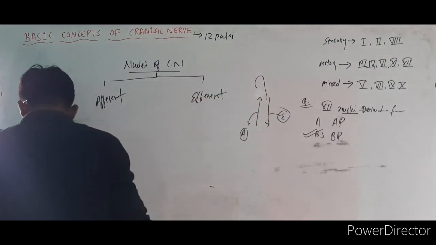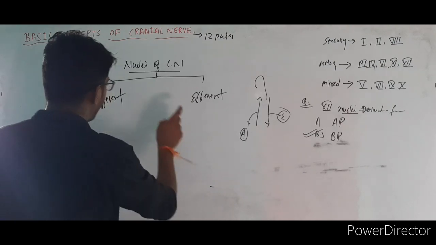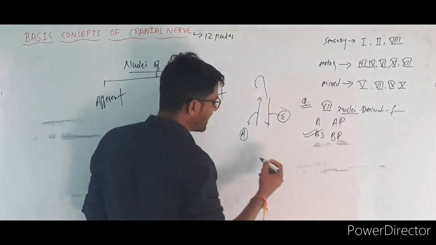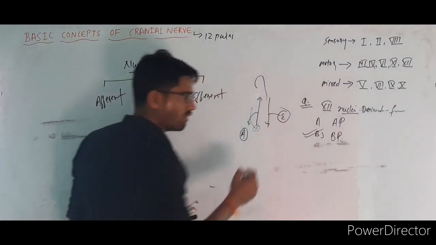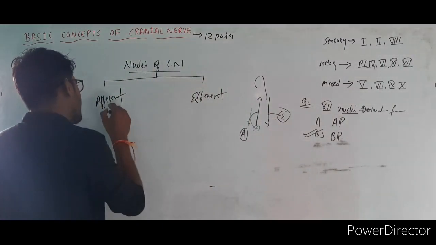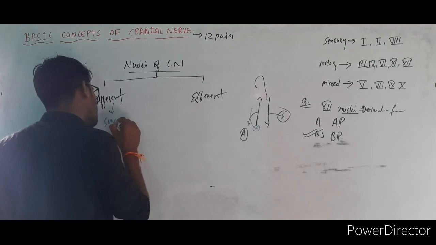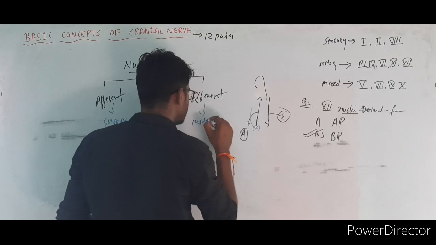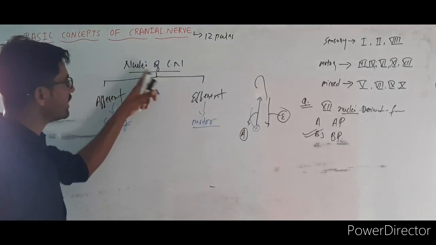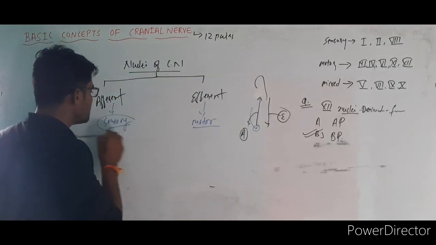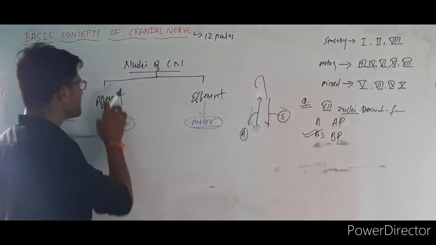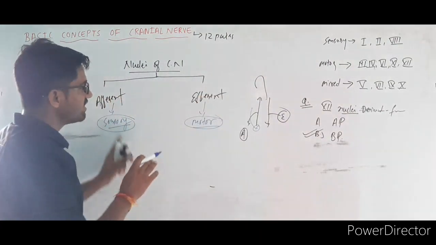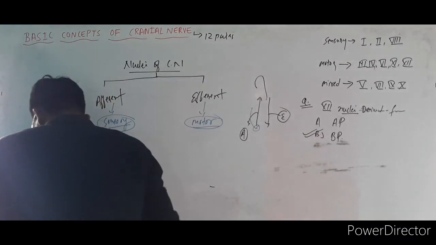From here the sensation is going, so afferent is the sensory, and here this is the motor. So nuclei of the cranial nerve are of two types, sensory and motor. Sensory is also called afferent and motor is also called efferent. Am I right? Yes. This thing you have to understand, right?